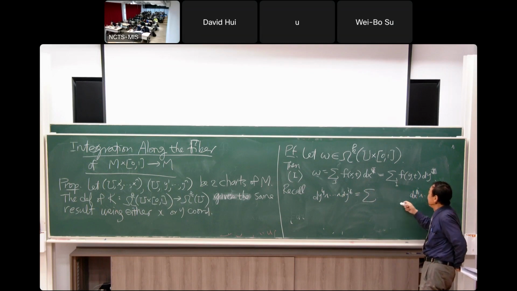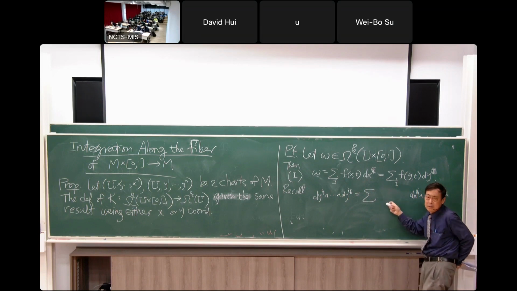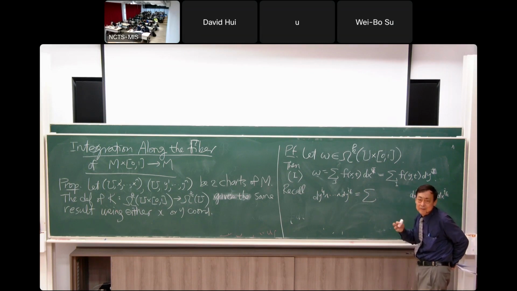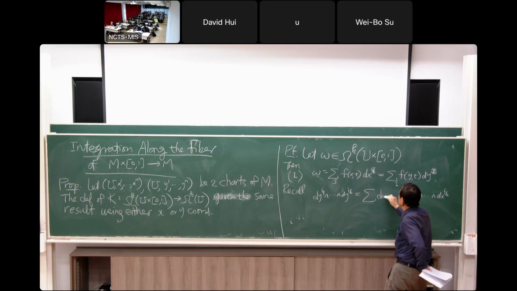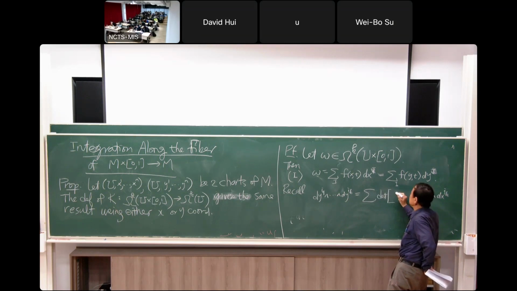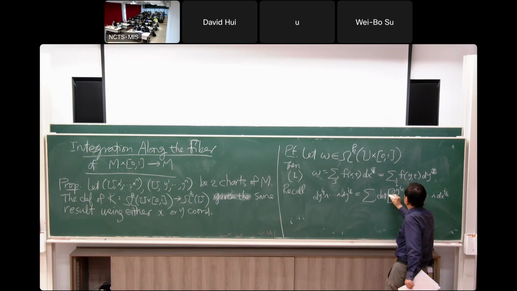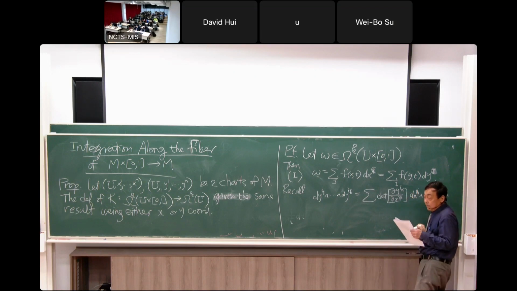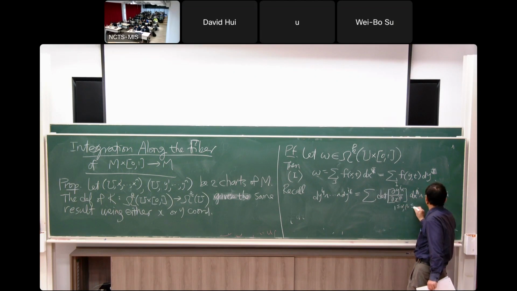And does anybody know what the coefficients are? Yes, it's a Jacobian determinant of the y's. So it would be dy alpha with respect to the xj beta, where alpha and beta go between 1 and k.